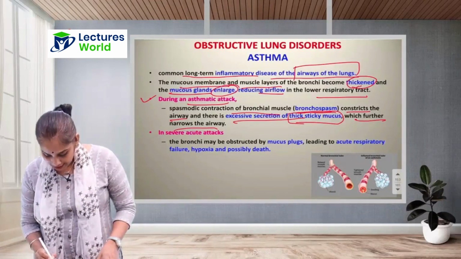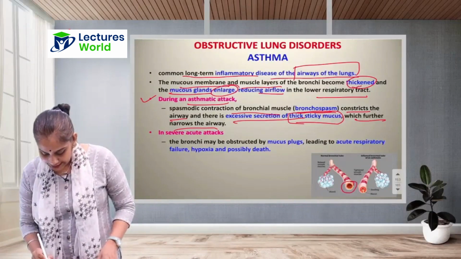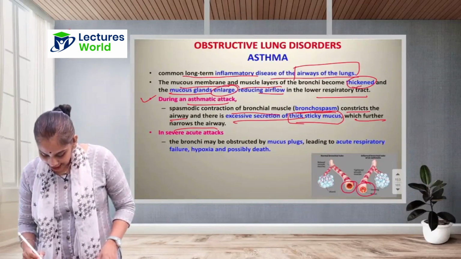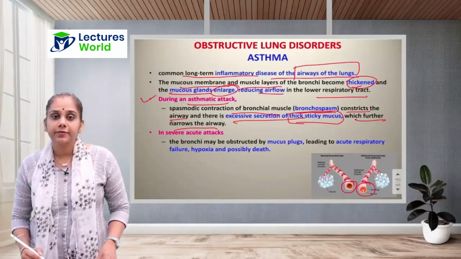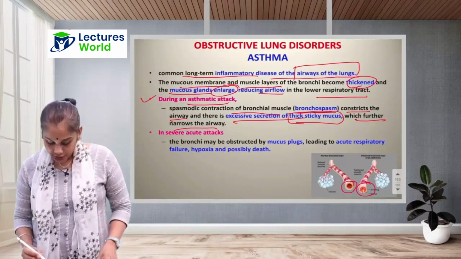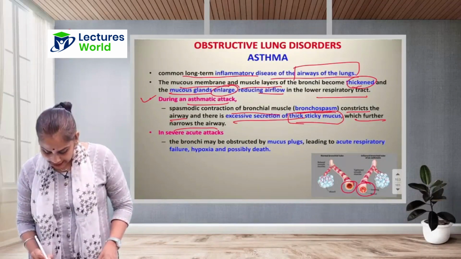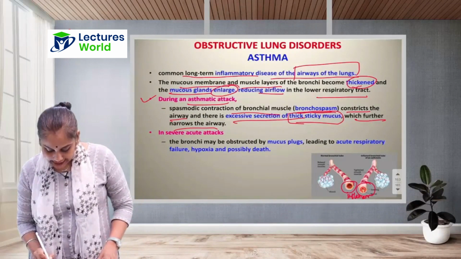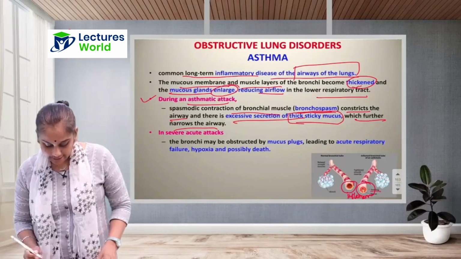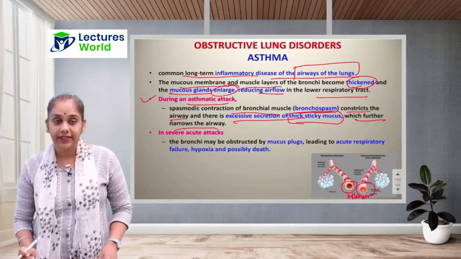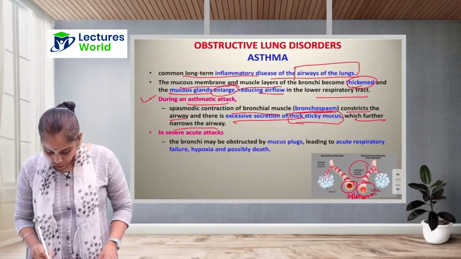See, this is the normal bronchial tube, and this is the abnormal, or we can say asthmatic patient's, bronchial tube. Here there is infection or inflammation, thickening or swelling of the wall, and tightened smooth muscle.